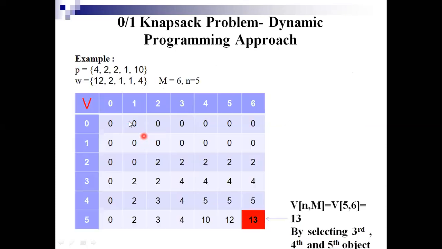So you can see in the table, when i is 0, the first row is 0. Why? Because irrespective of whatever capacity you have, when you have no objects, the profit will be 0. Similarly, you see the first column, i can be anything, but the capacity is 0, j is 0, so the profit remains 0, right?